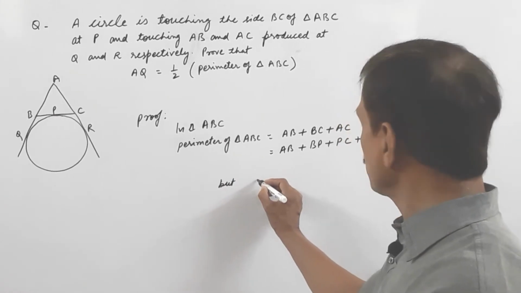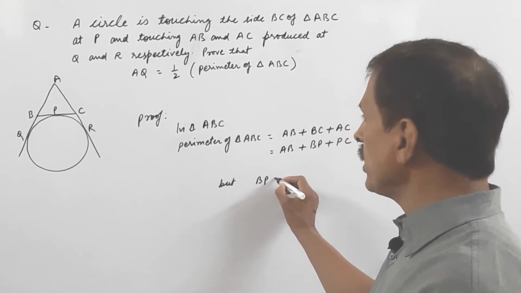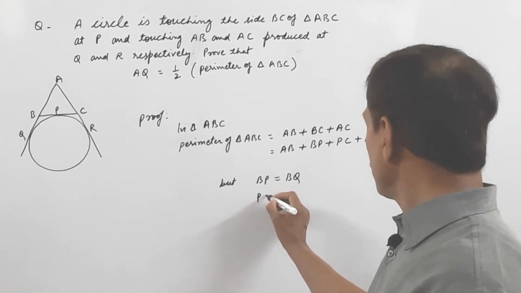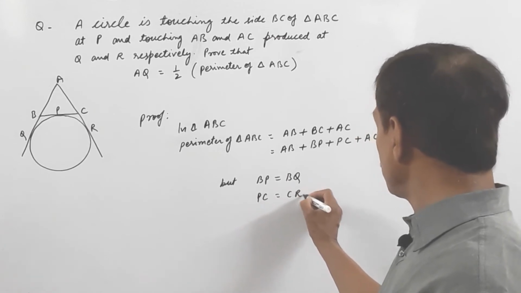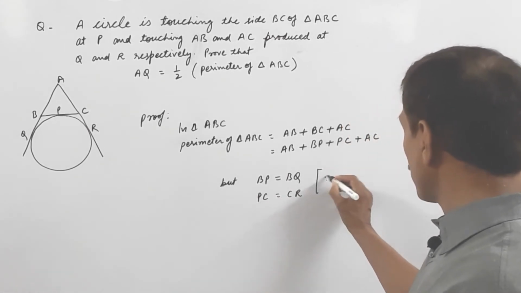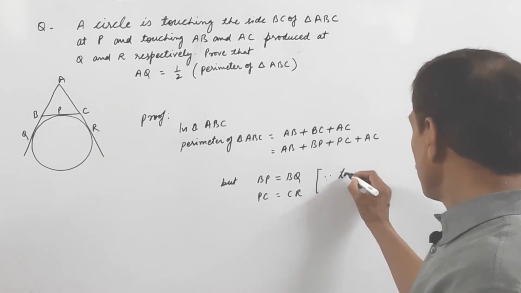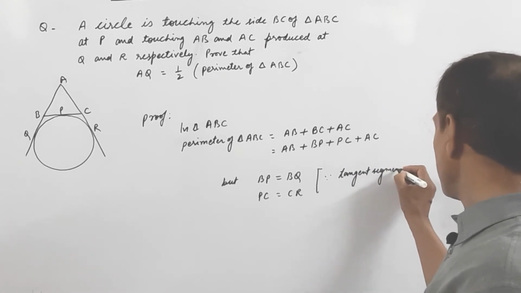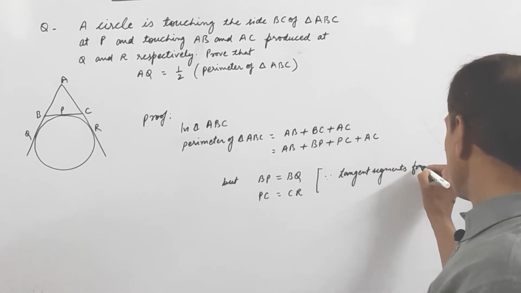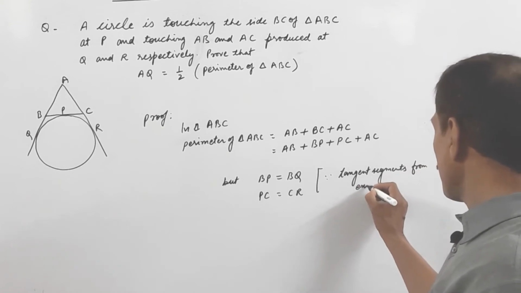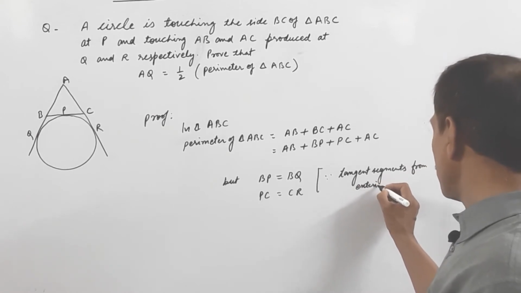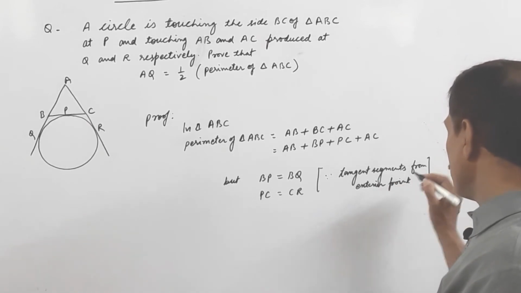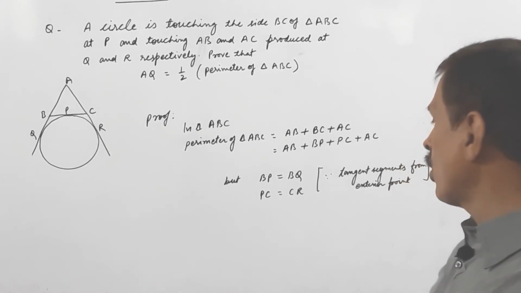But BP is equal to BQ and PC is equal to CR, because tangent segments from exterior point to a circle are of equal length.